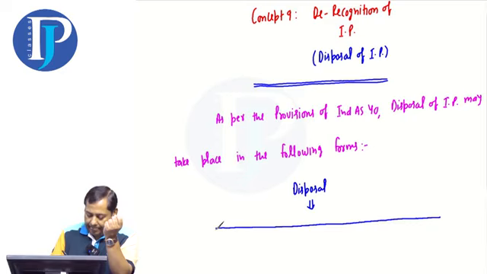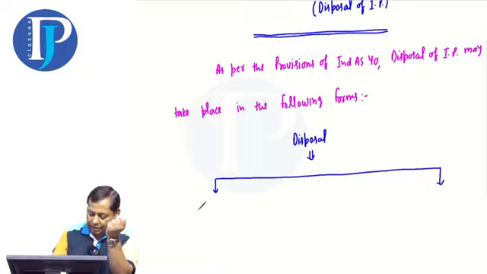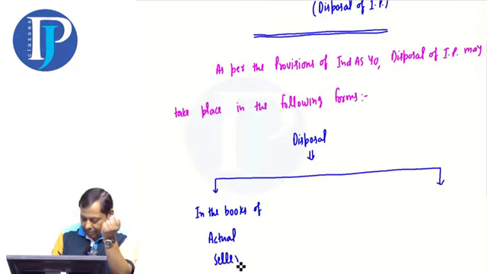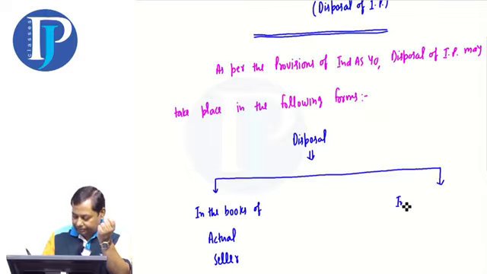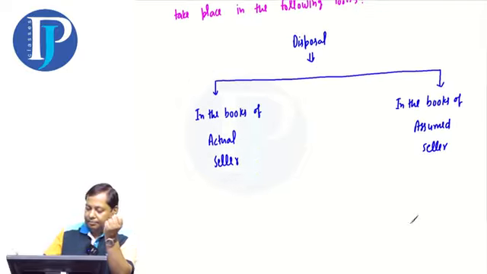So here we have 2 books: in the books of actual seller, in the books of assumed seller. When we talk about the actual seller, there are two parts to it.